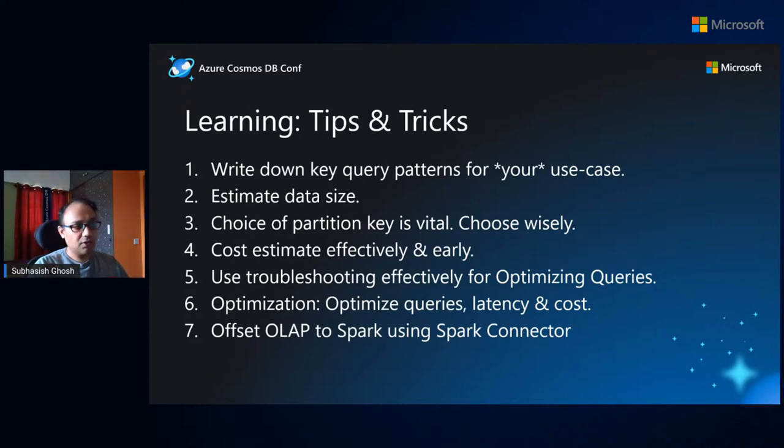And if there were large-volume OLAP workloads, then it's always good to offload that to Spark using the Spark connector and process it there. That's something you should be aware of and take away from here.